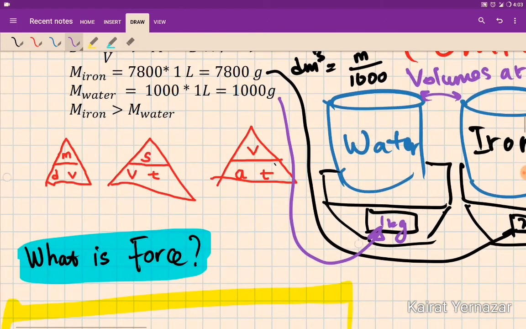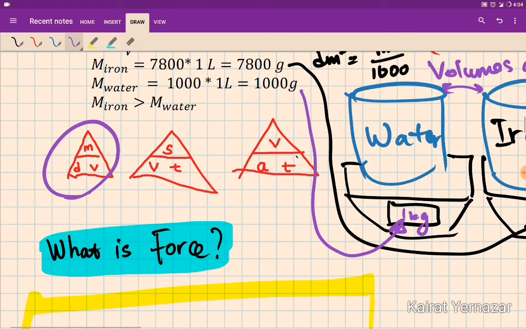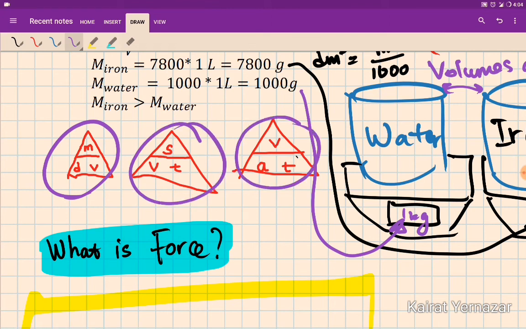Anyway, we can use these triangles. If we cover up mass, then mass equals density multiplied by volume. If we cover up density, then density equals mass over volume.